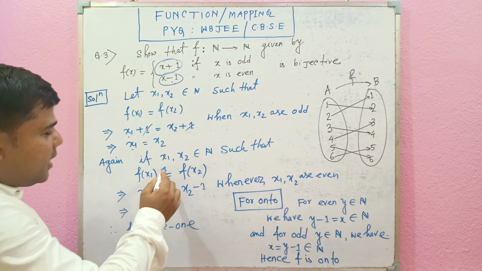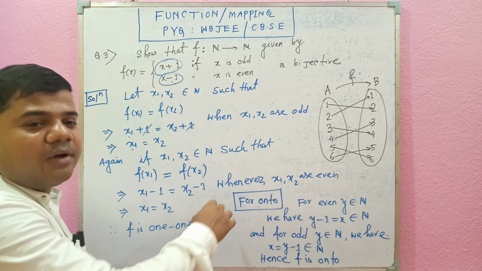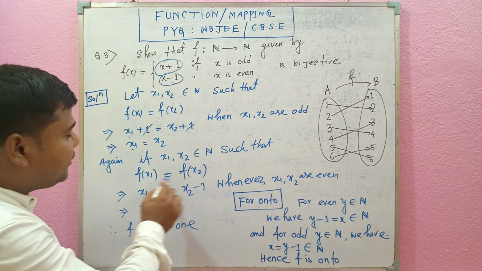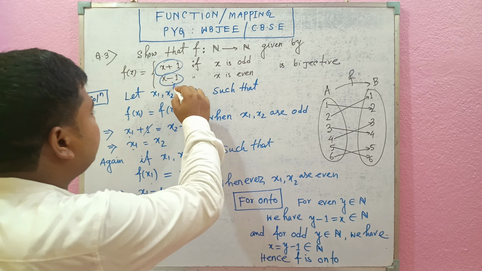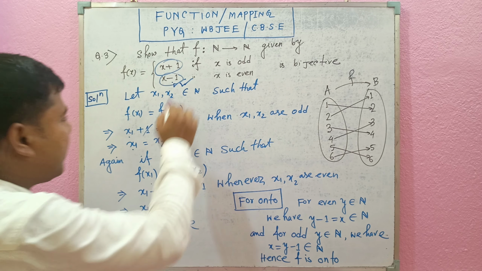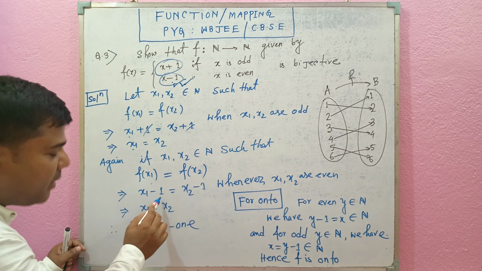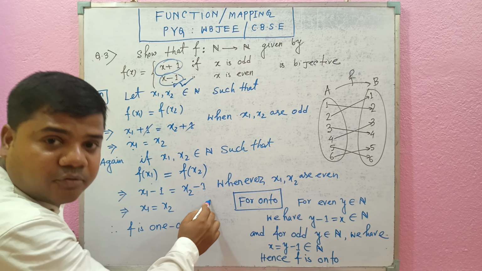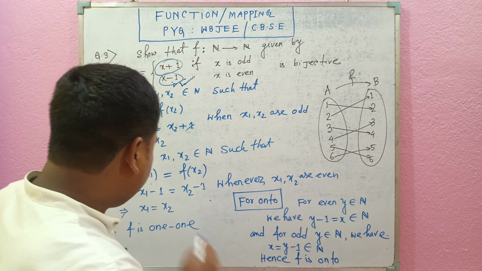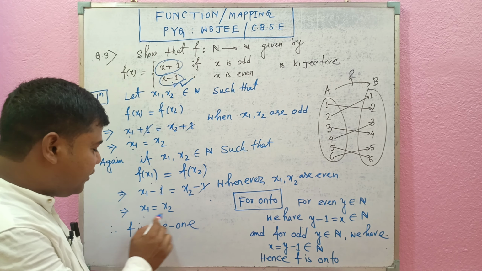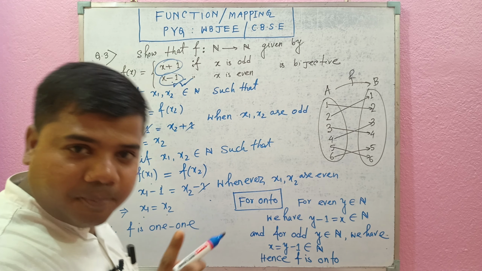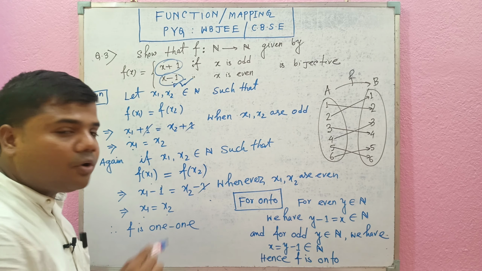Similarly, if x1 and x2 are even, then it becomes x1 minus 1 is equal to x2 minus 1. Minus 1 out, then it becomes x1 is equal to x2, which implies that f is 1-to-1.